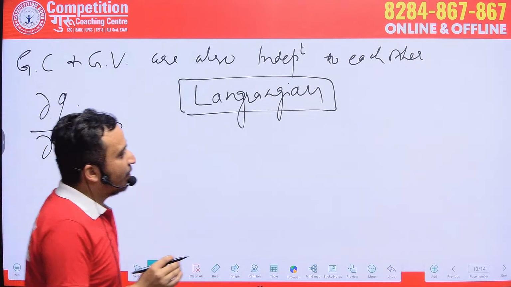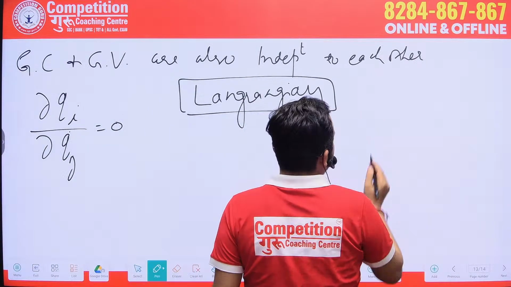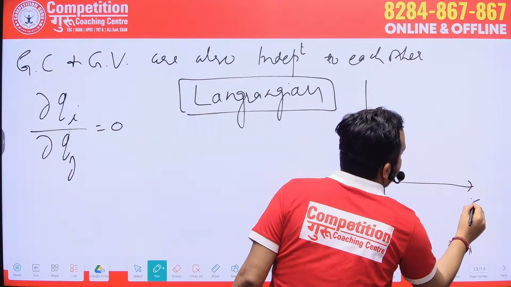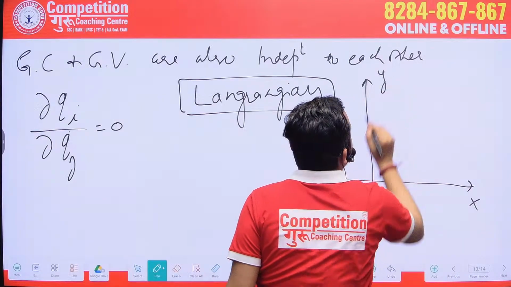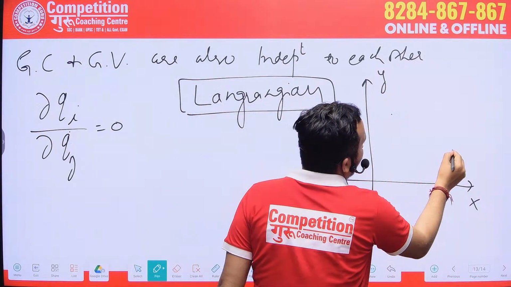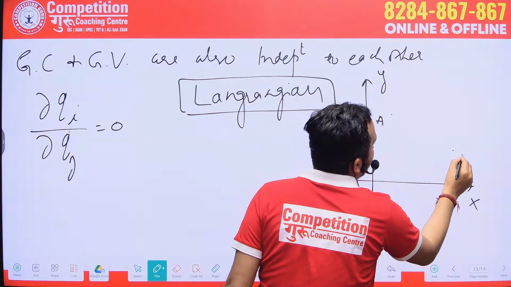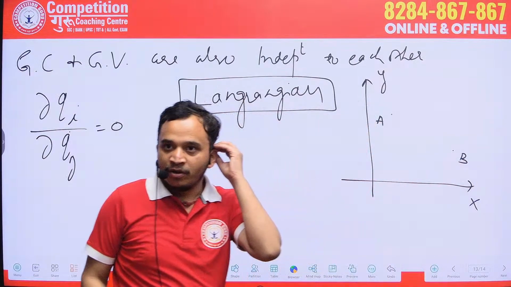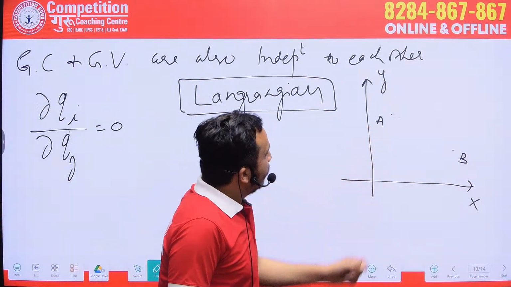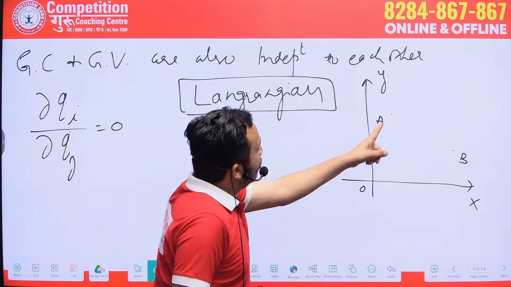Let us suppose x and y axes, and two points, point A and point B, with the origin here.